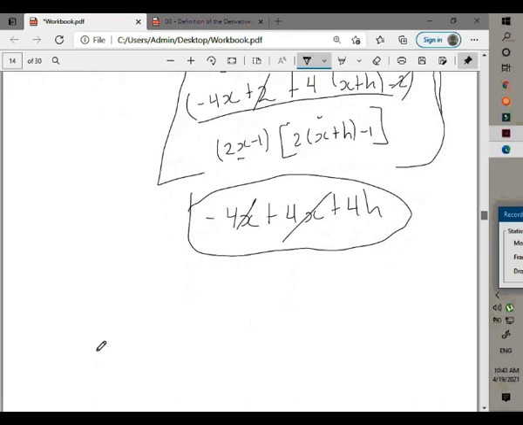In finishing off, it is equal to the limit as h approaches 0.